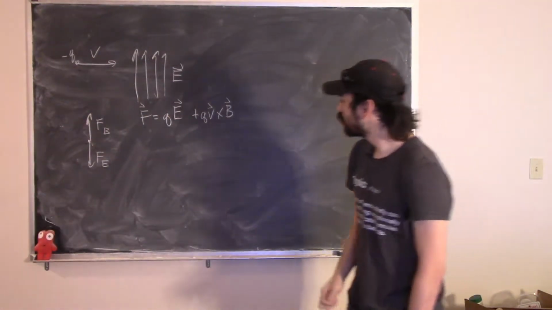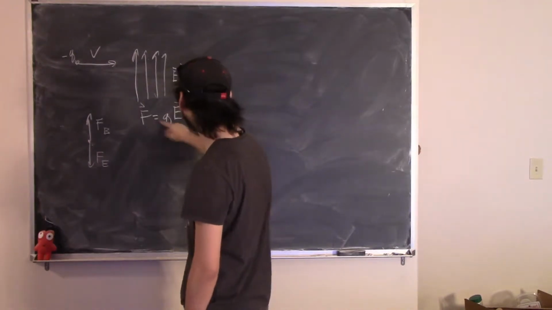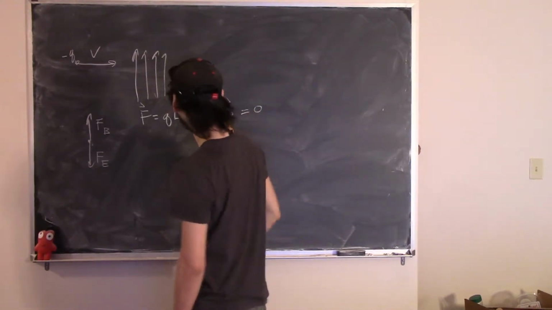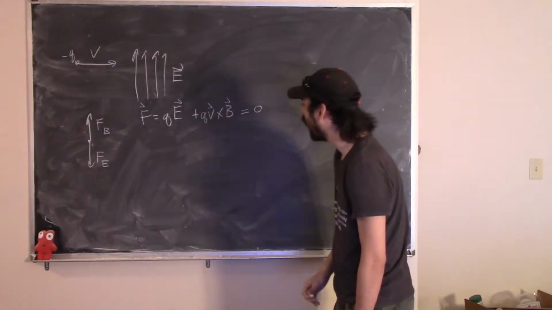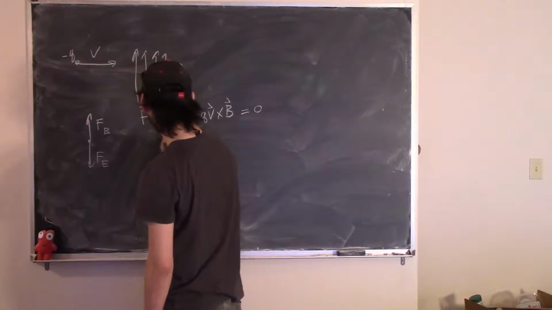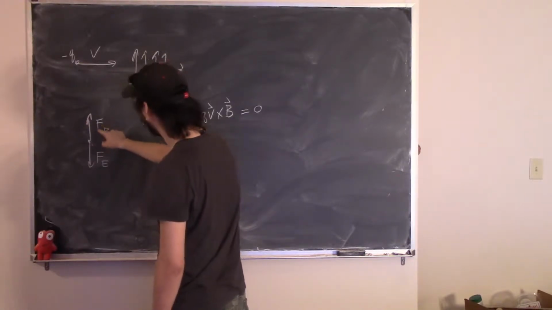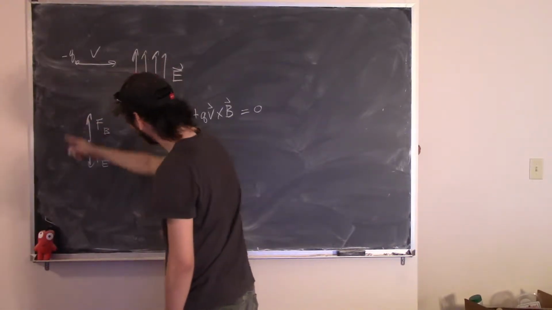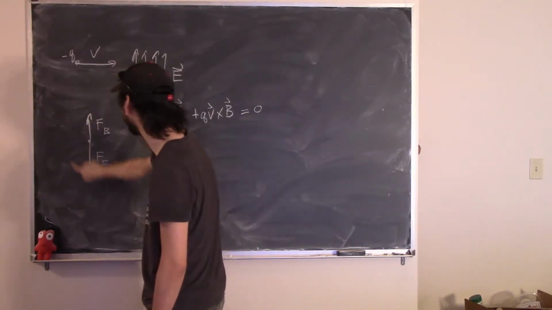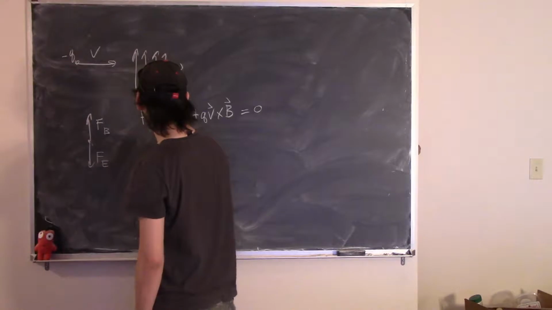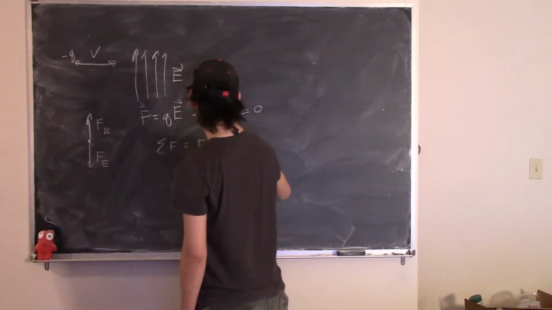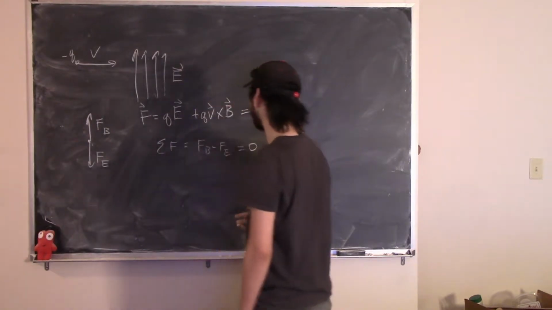Okay? So what that says immediately is that this equation is equal to 0. And if I treat everything here just as a magnitude, I'm playing around with the way that you would do the negative signs here, but ultimately I'm going to try to use this diagram. So the sum of the forces is going to be equal to Fb minus Fe, which is equal to 0.